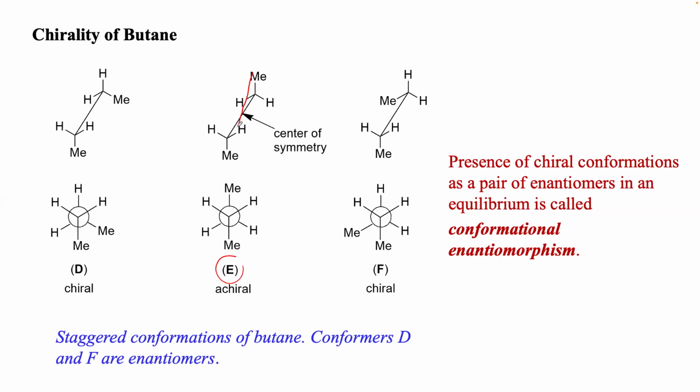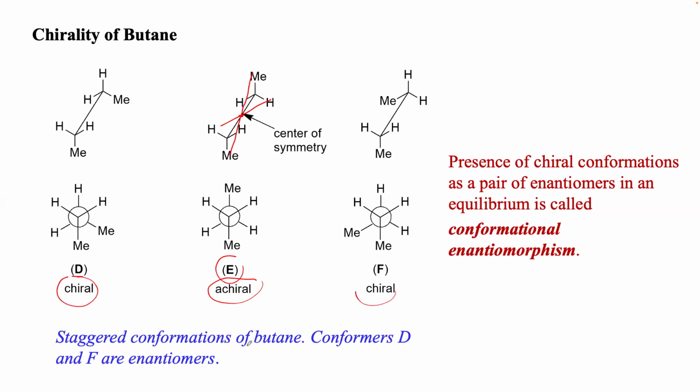We learned what a center of symmetry is during the day school, right? So it has a center of symmetry, therefore it is achiral. But the other conformations like D and F don't have a center of symmetry, therefore they are chiral.